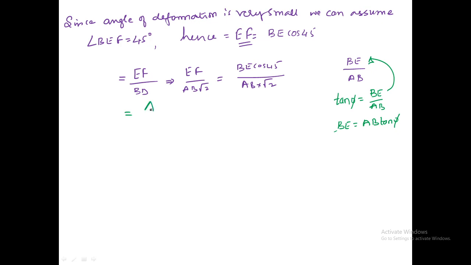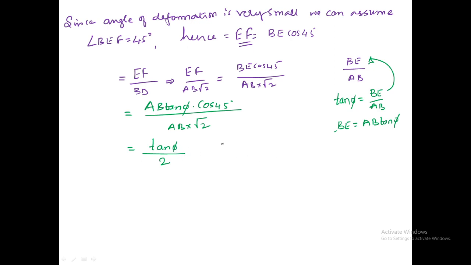BE equals AB into tan phi, into cos 45, divided by AB into root 2. If you further simplify this, you are going to get tan phi divided by 2.